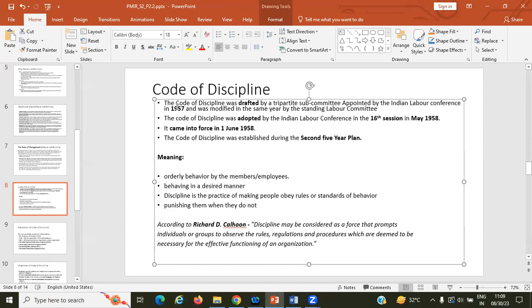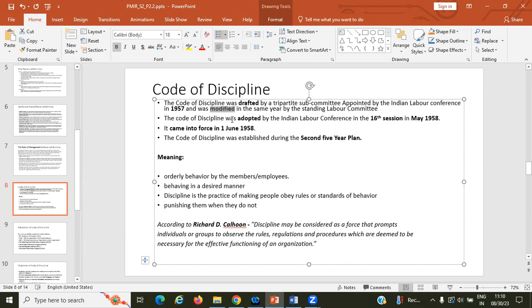This may come in the objective type as MCQ, as I told, in which year it was drafted. It was drafted in 1956 and was modified. Modified is also one important thing, so I am highlighting this. Modified in the same year, 1956, by the Standing Labour Committee.